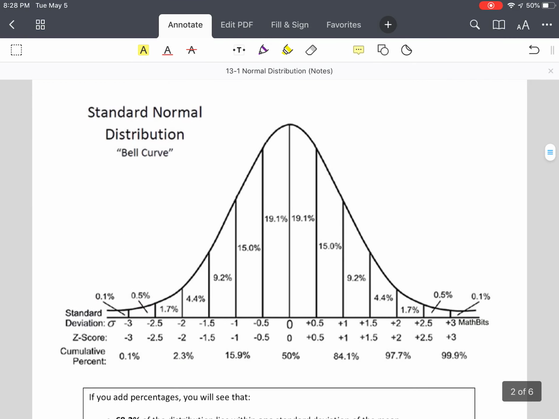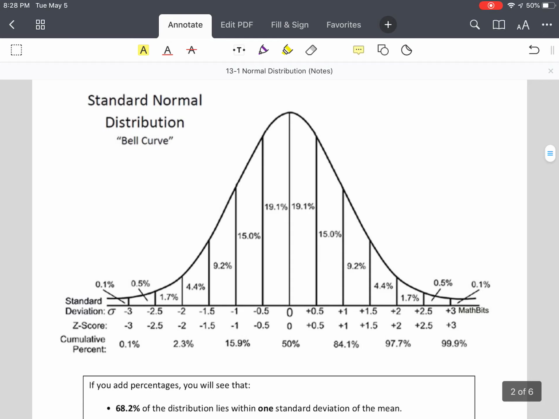Okay, so this is what our normal distribution or our bell curve looks like. If we look at the middle, that's the 0, that's where we're going to put the mean. Whatever mean we're talking about, or the average, that would go right there where I just made that purple line. So let's just say as an example that the math SAT scores can be normally distributed, and the average math SAT score is a 500.